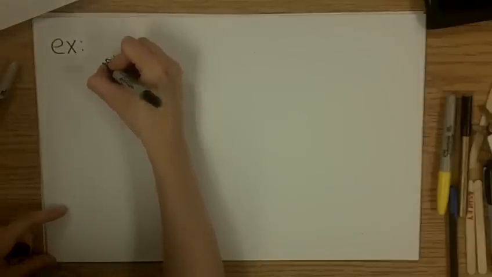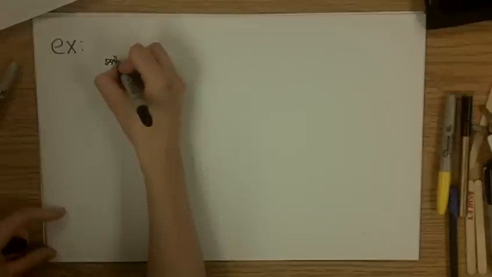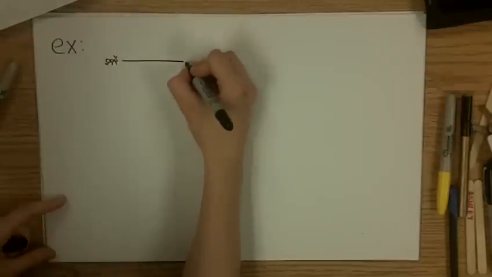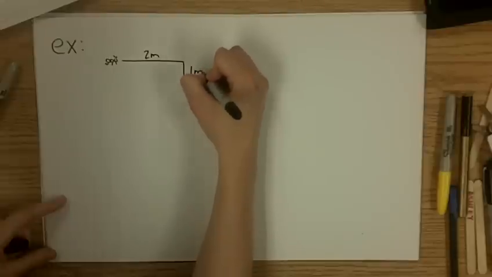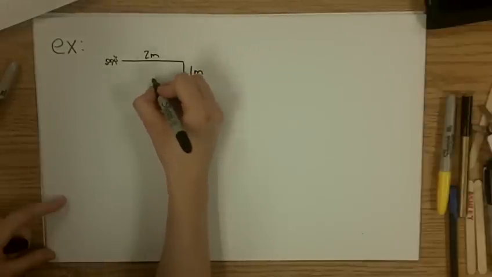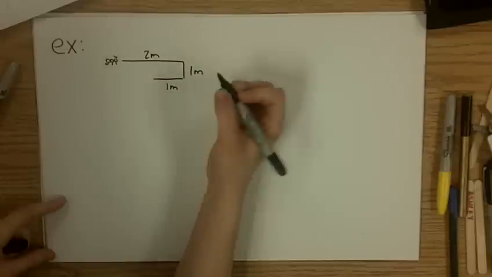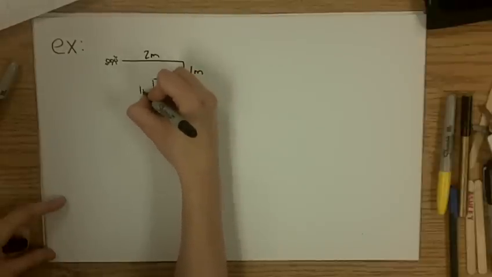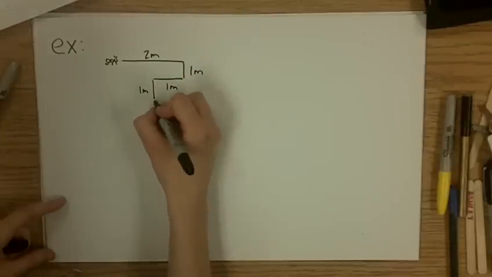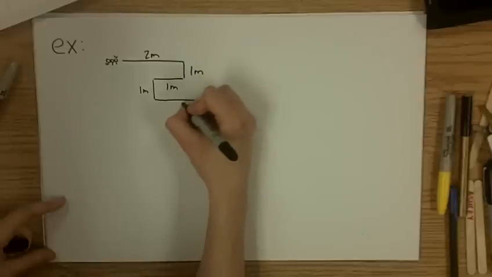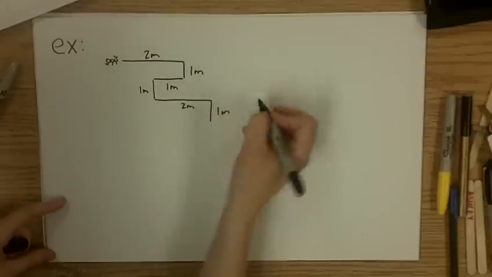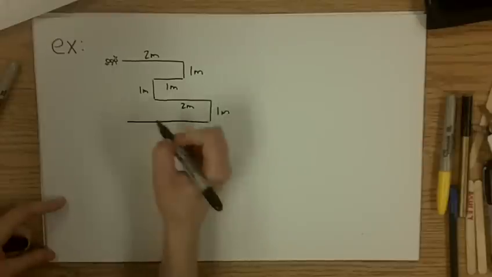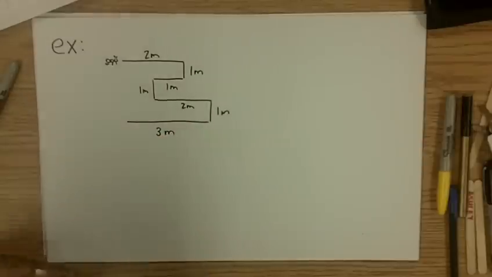And this ant is going to travel 2 meters, and then go down 1 meter, and then travel across 1 meter, and then it's going to travel down 1 meter, and then it's going to travel forward 2 meters, and then back down 1 meter, and all the way back over 3 meters. This is the trip the ant took.